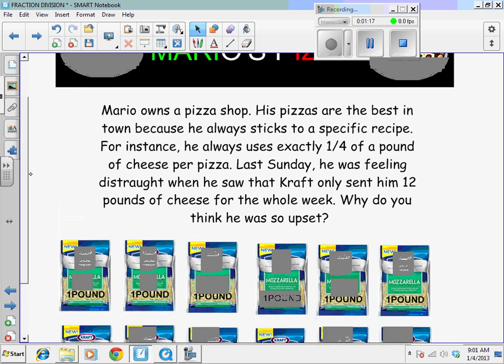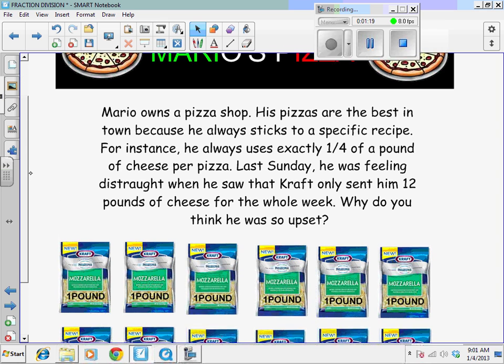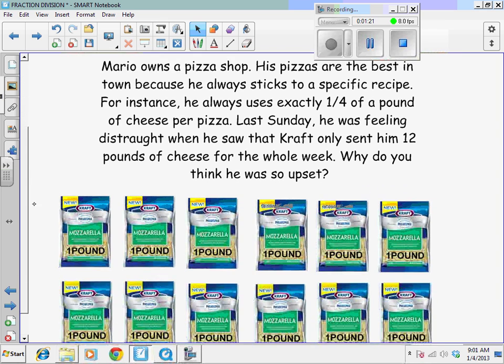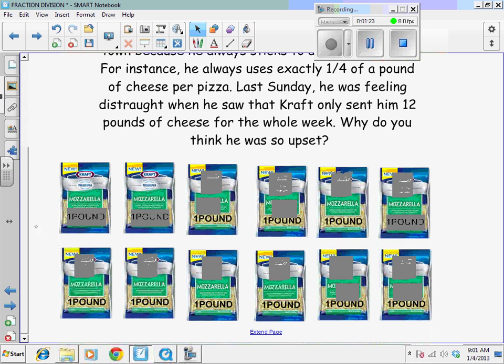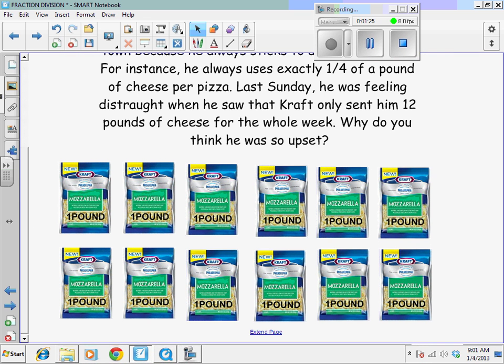What do we have? We have 12 pounds of cheese. And how much does he use per pizza? 1/4 of a pound. So what would I do with each one of these pounds of cheese graphically to get an idea of what he's working with here?